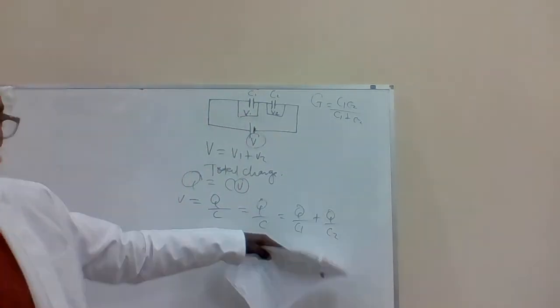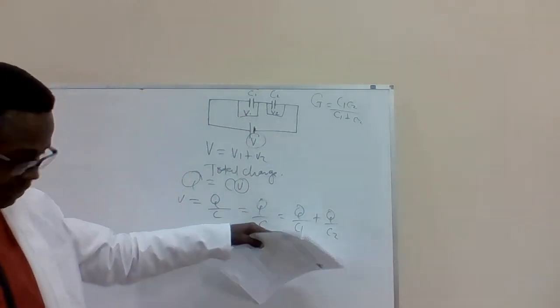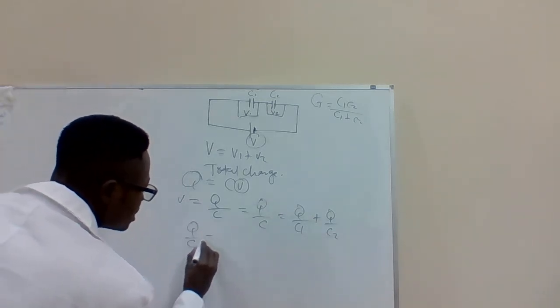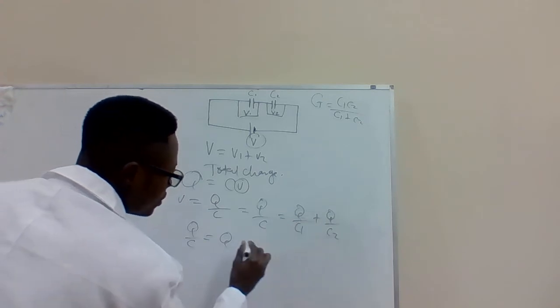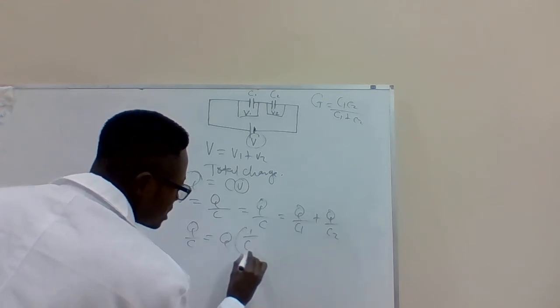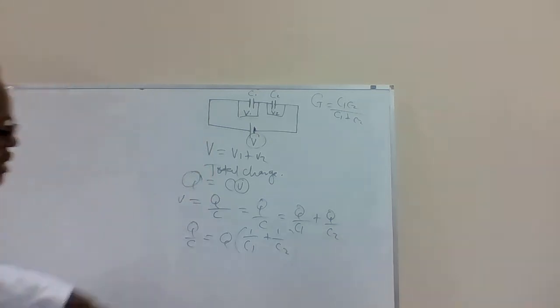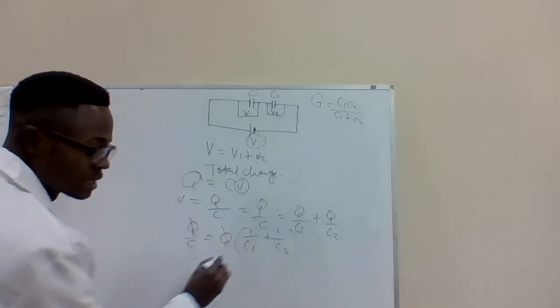Now, at this point, we can collect the LCM. But before you collect the LCM, you will have Q over C is equal to Q, because we factorize Q, we have 1 over C1 plus 1 over C2. That means that this Q and this Q can go.